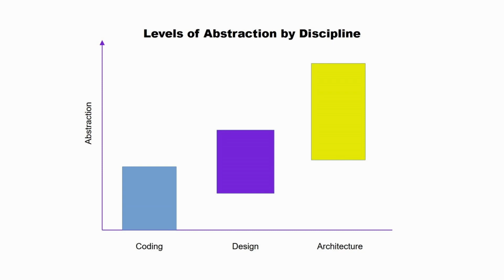Architecture on the right hand side is quite abstract. It's not thinking about individual lines of code. It's thinking more at a structural level across the system about what the system needs to achieve and how we might achieve that. And design fits in between the two. It's not as low level as coding, and it's not as high level or as abstract as architecture, but there is some crossover. So in summary, design is about planning before we build.